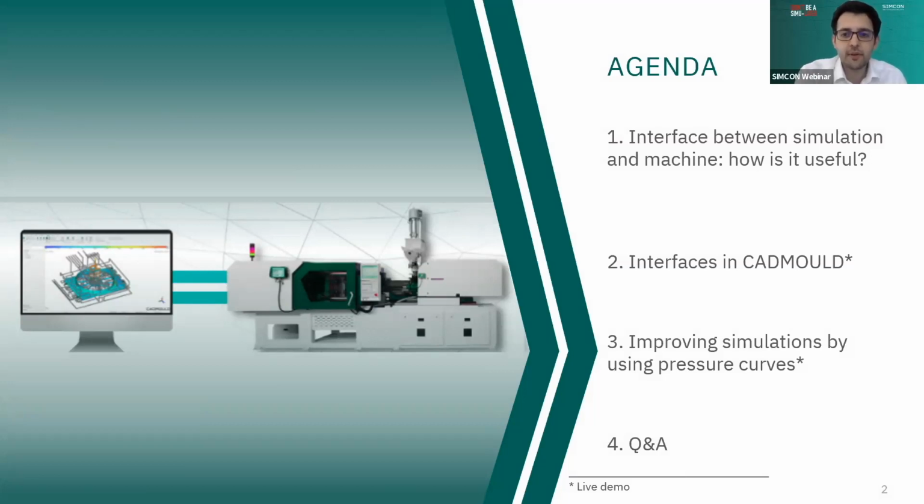Then I will show you in CADMould where you can find these interfaces and how they are used. And at the end, there will be the possibility to ask all the questions regarding machine interfaces, everything you don't want to ask in between.